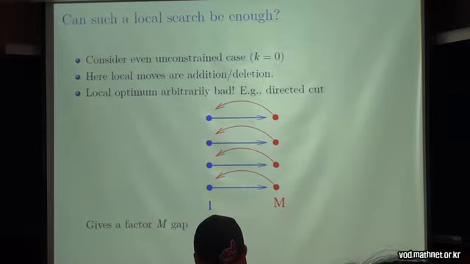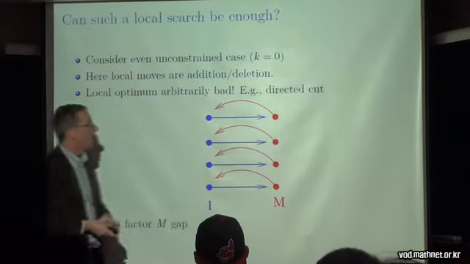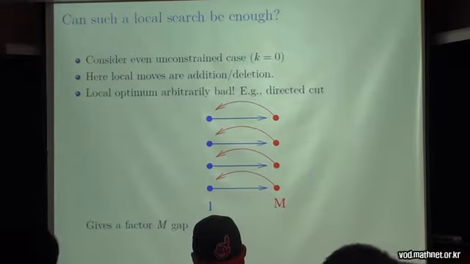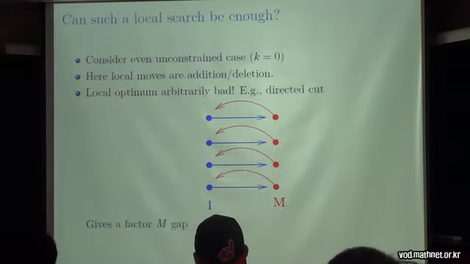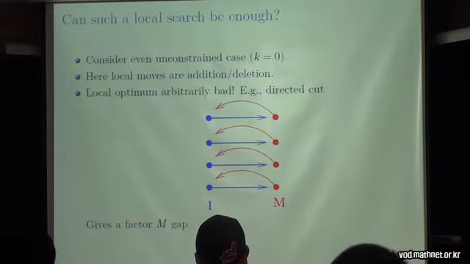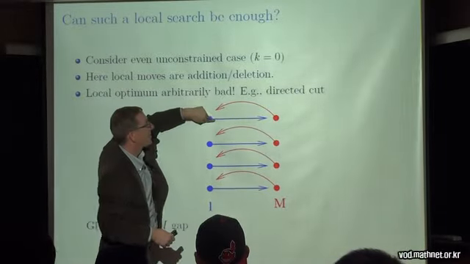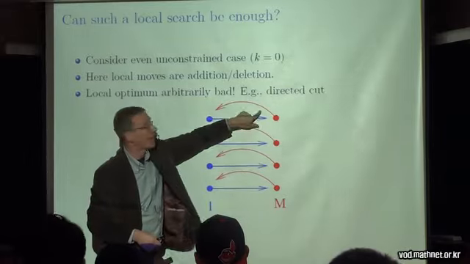But if I move a single vertex, so it's not pairwise exchange, moving a single vertex out of the set, then I lose something. And if I move a red vertex into the set, I lose the 1, but I don't gain the m.